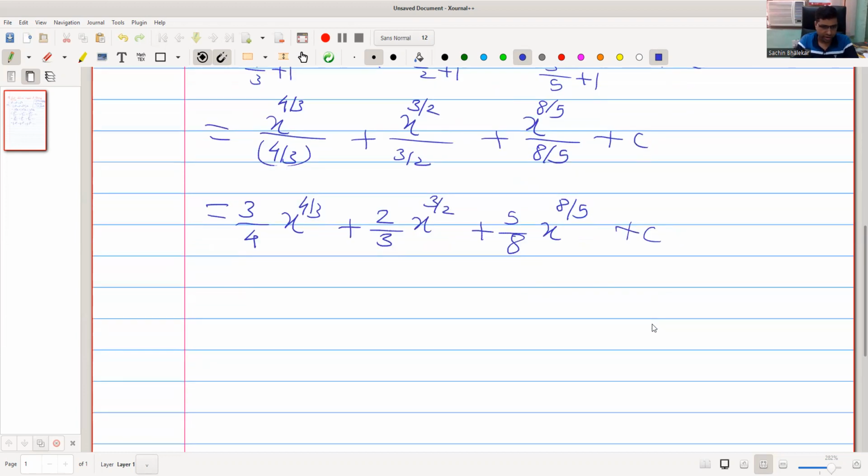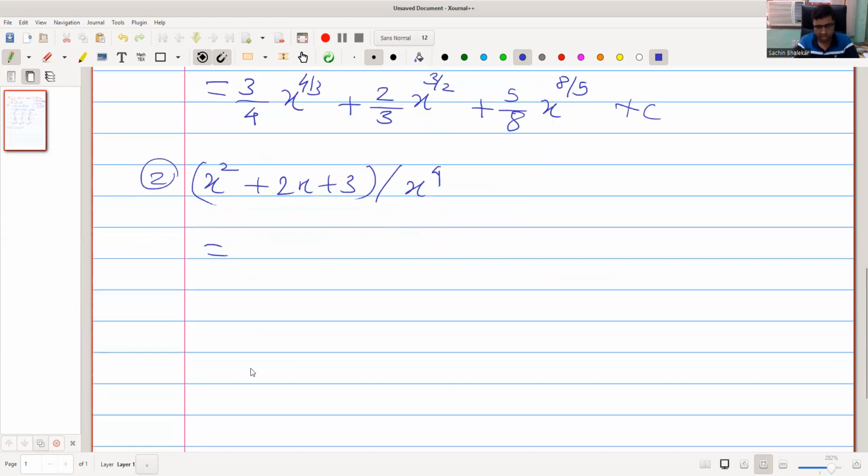Okay. Next example. Given function is x square plus 2x plus 3 divided by x raised to 4. Okay. We simplify this.